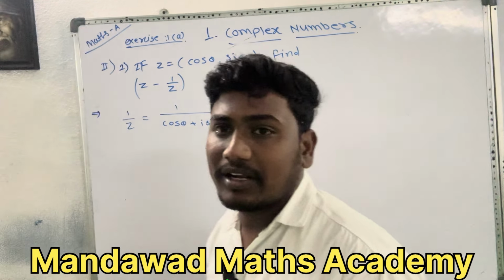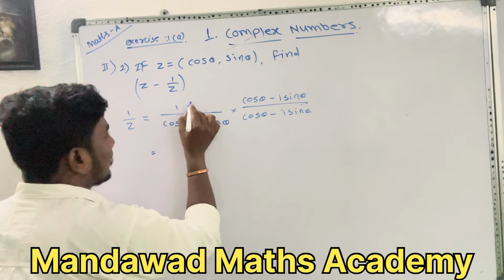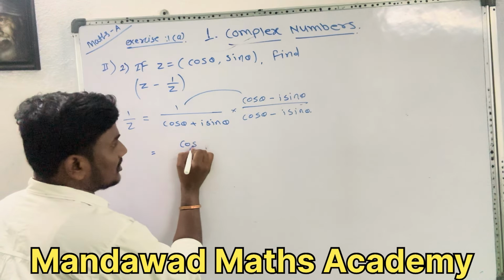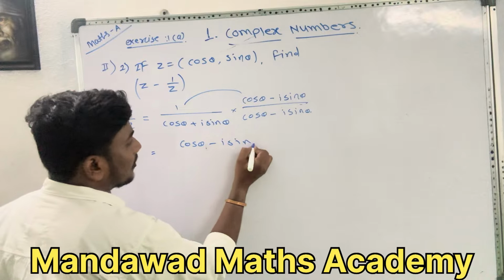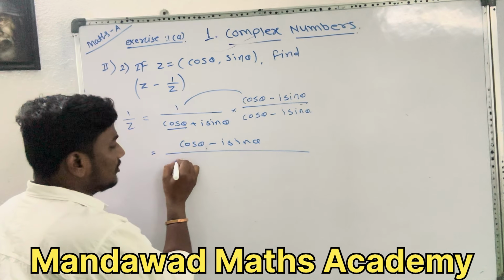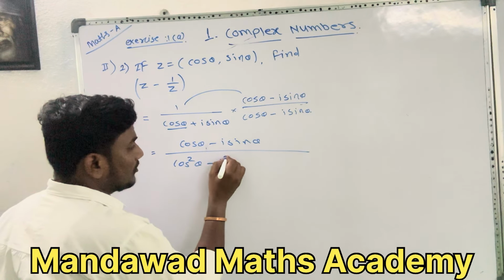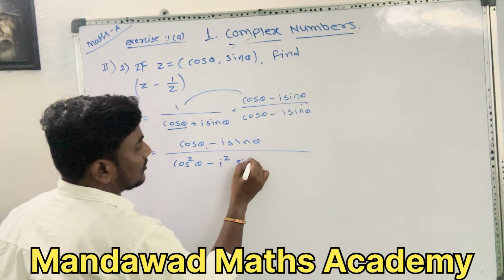So we know the formula a plus b into a minus b. Numerator into numerator, 1 into cos theta minus i sin theta, divided by a square minus b square, that is cos square theta minus i square sin square theta.